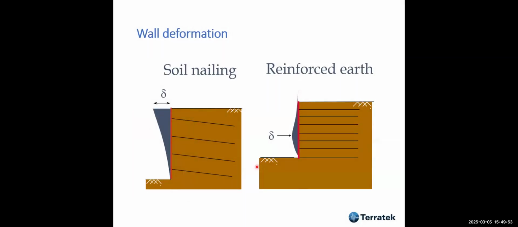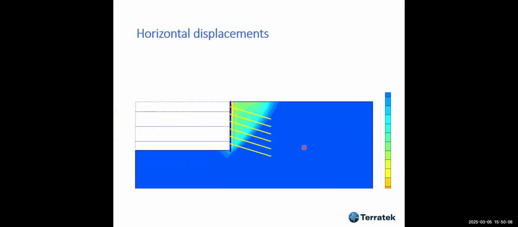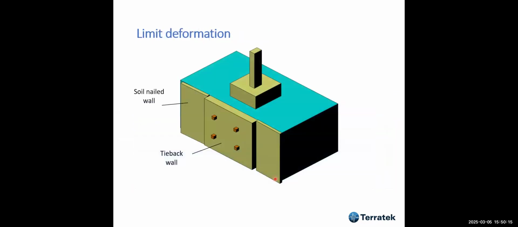So usually in soil nailing, the maximum deformation takes place on the top, and on the other hand, in reinforced earth, due to the construction method from bottom to top, the maximum deformation takes place like this. And your horizontal displacement today is very easy to get with a finite element analysis like this one.